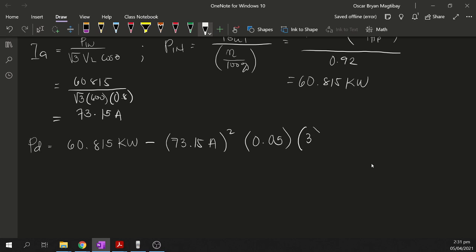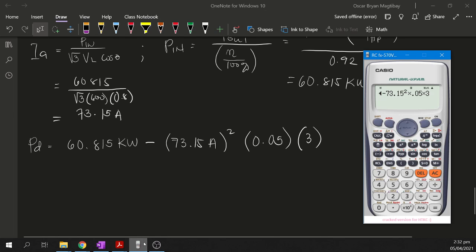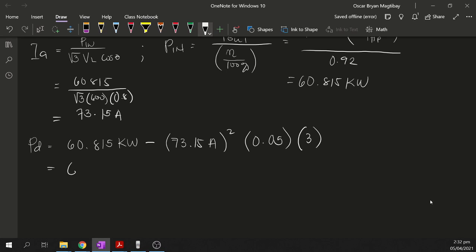This is 3-phase times 3. That is why our power developed is equal to 60.012 kilowatts. So this would be our final answer.